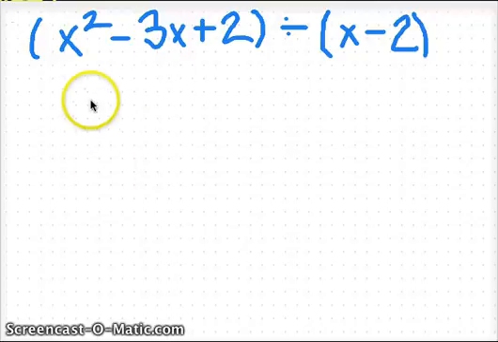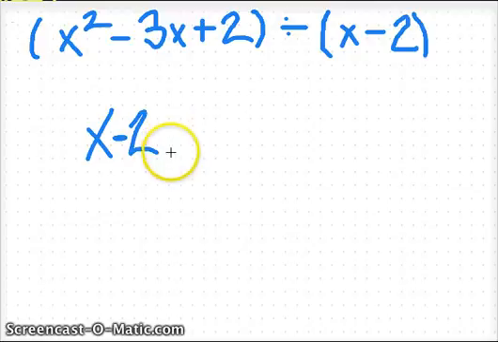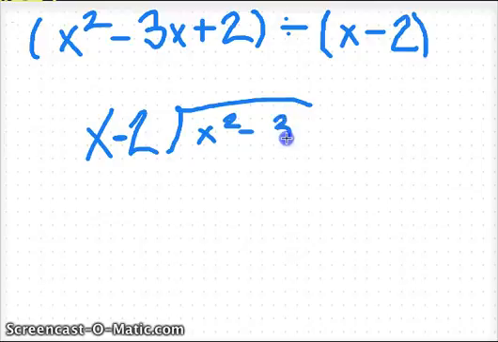So we're going to do x minus 2, and then divide x squared minus 3x plus 2.